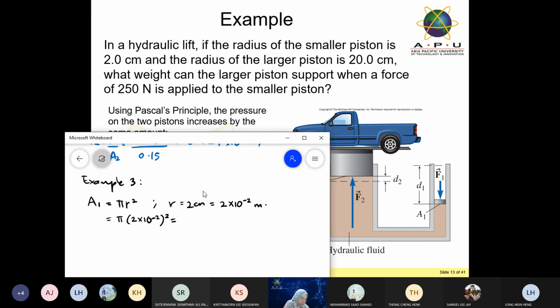1.25. The rest count or not? 1.26. 256. Leave it to 4 decimal first.